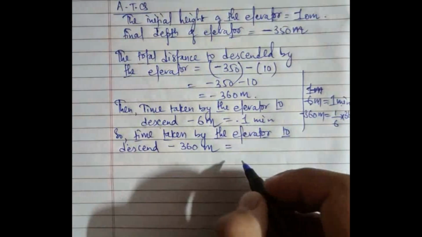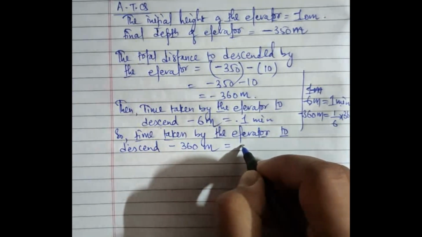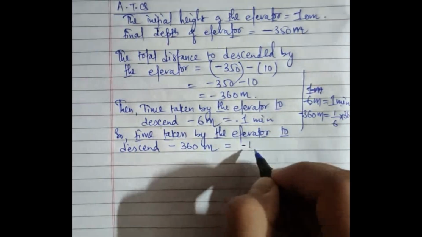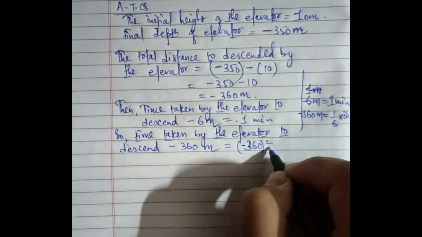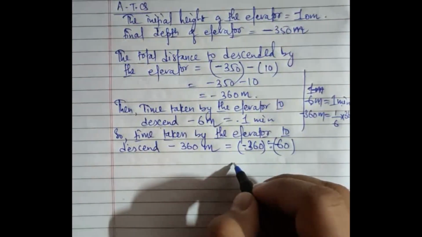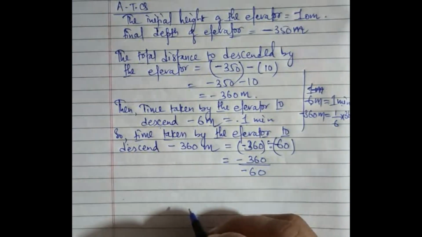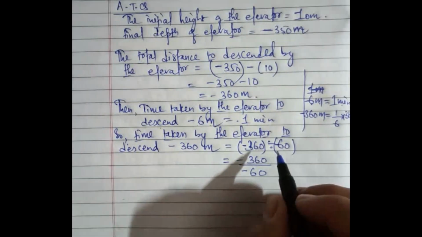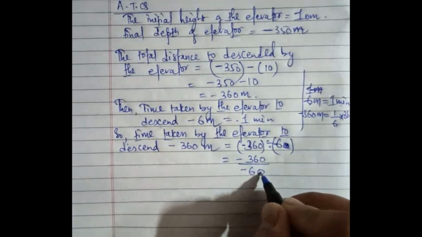All right. So what we have to do is minus 360 divided by minus 6. We can write it like this.